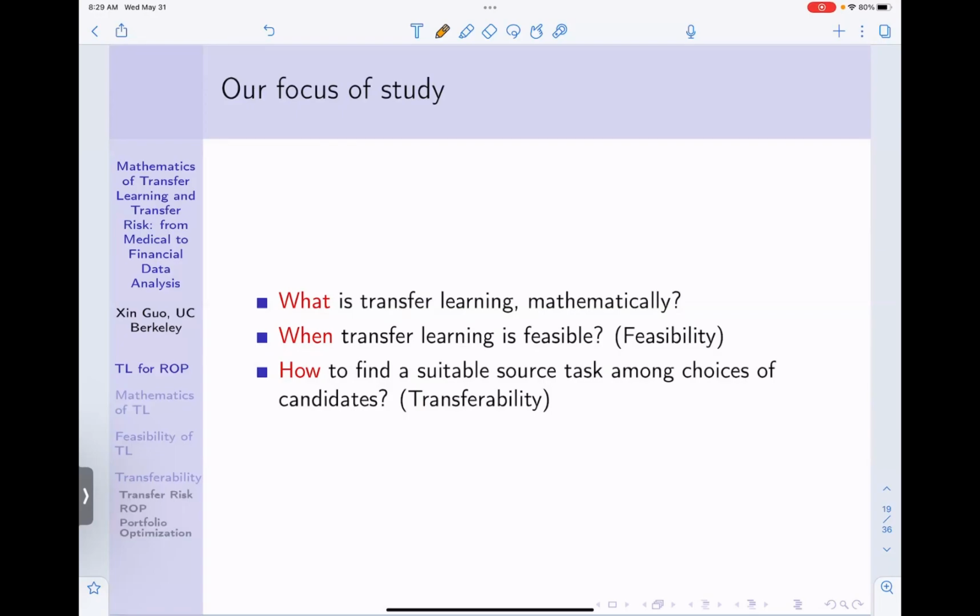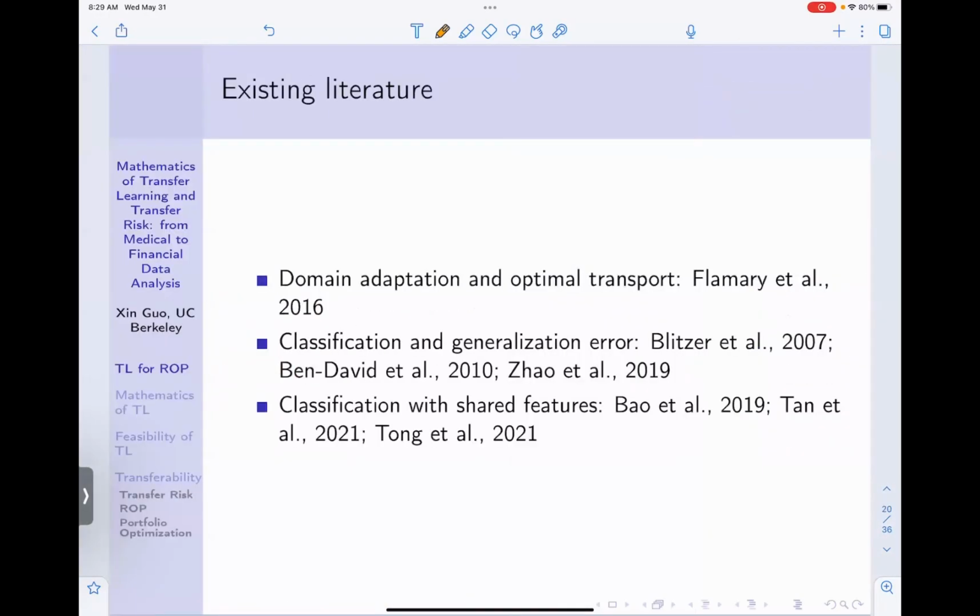Okay? So to understand this, we looked at the existing literature and found that most of this transfer learning is very task specific, and focused on one particular aspect of it.